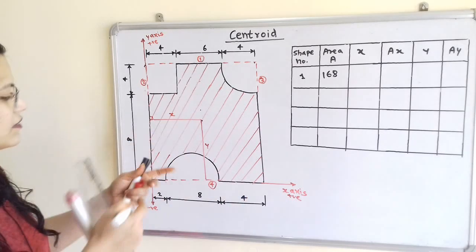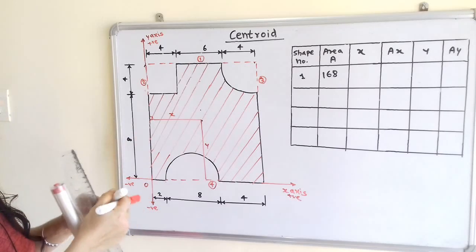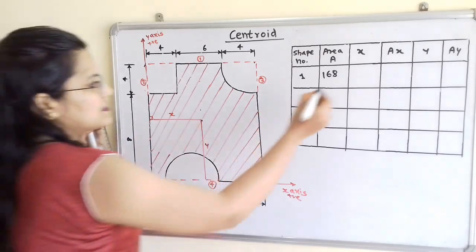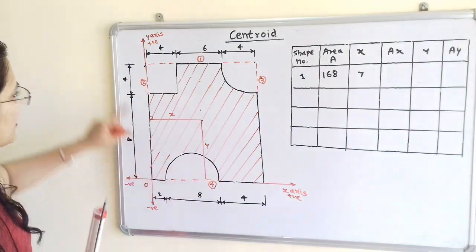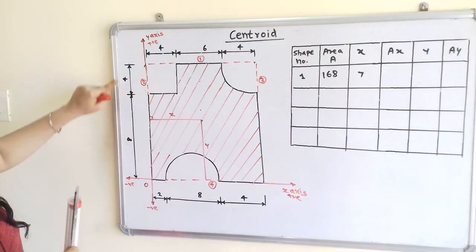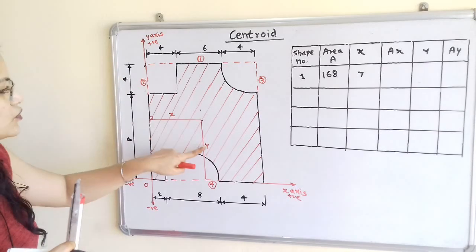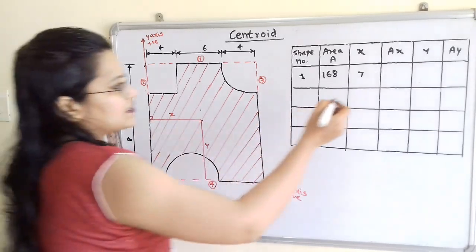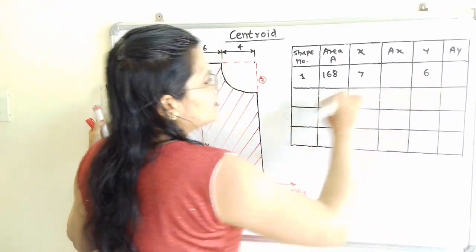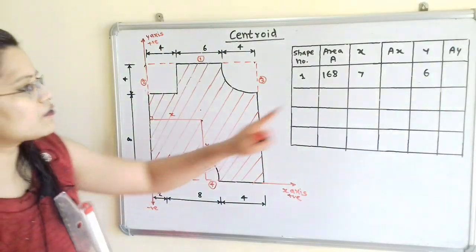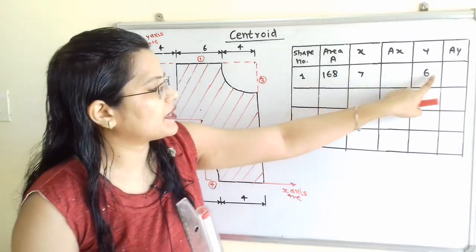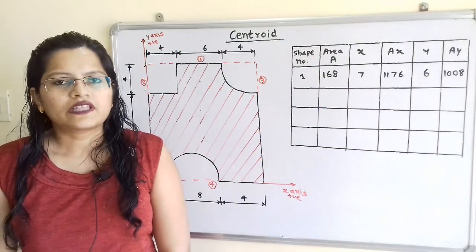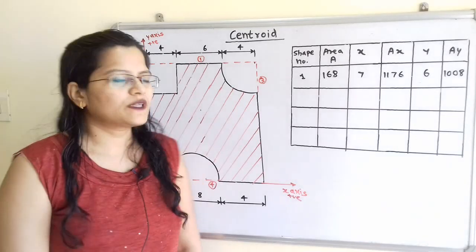So 14 is having middle point, that is 7. So value of x is 7. And then value of y. So this is the middle point of this total height, 8 plus 4, that is 12. So 12 divided by 2, that means 6. So here y value is 6. Now we have to calculate Ax, that is area multiplied by x, and area multiplied by y.